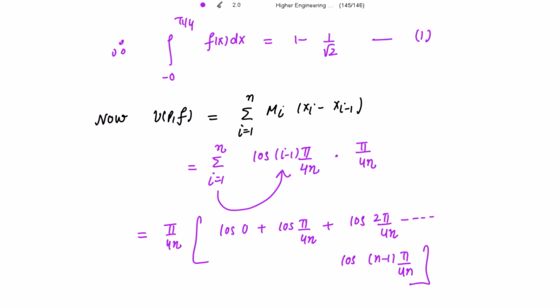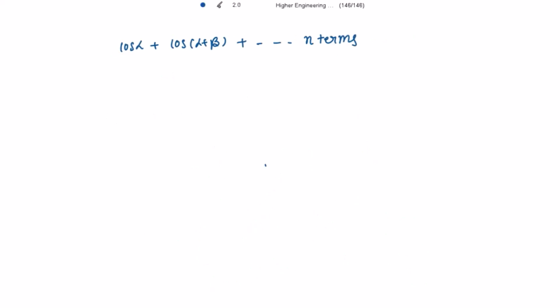Now for this series, if I take this angle to be alpha and this angle to be alpha plus beta, then alpha is 0 and beta is pi by 4n, right? So we have taken cos 0 as the first term for this series, where alpha is 0 and beta is pi by 4n.